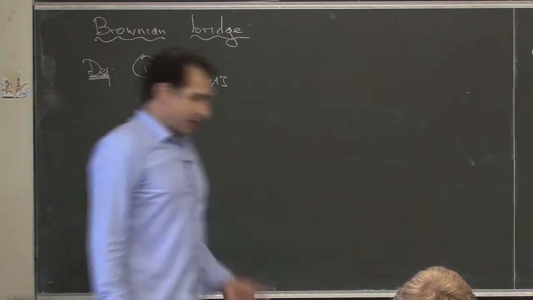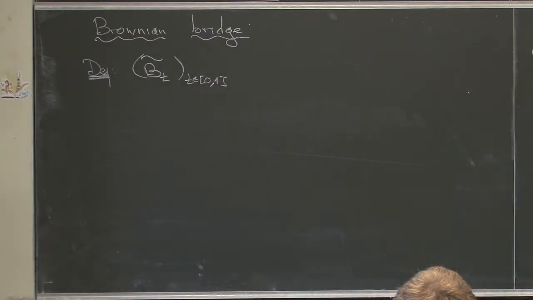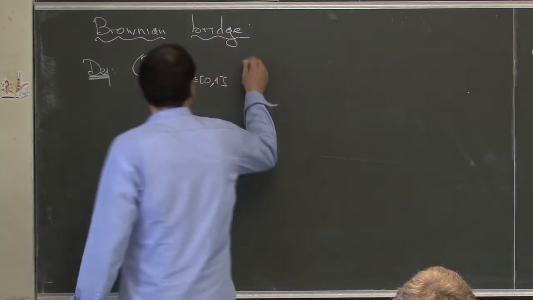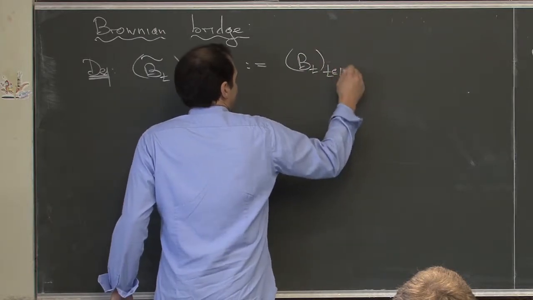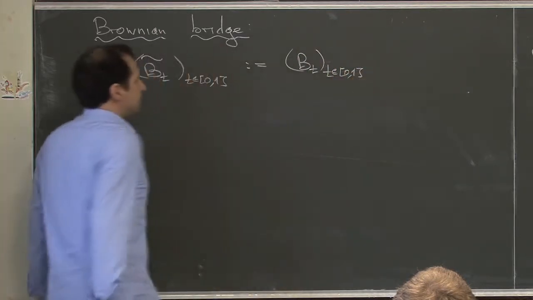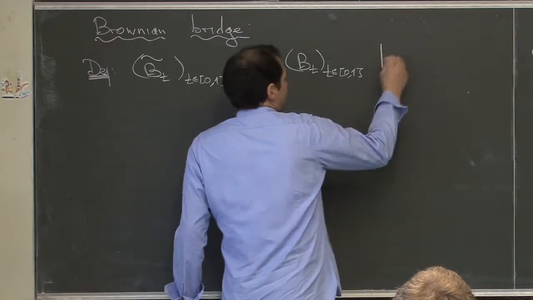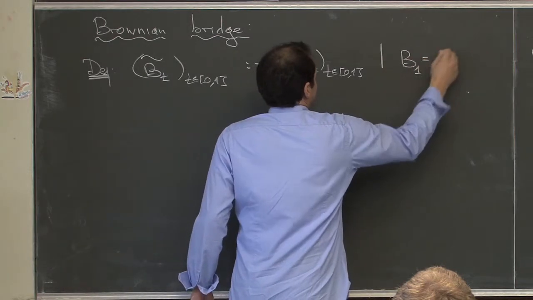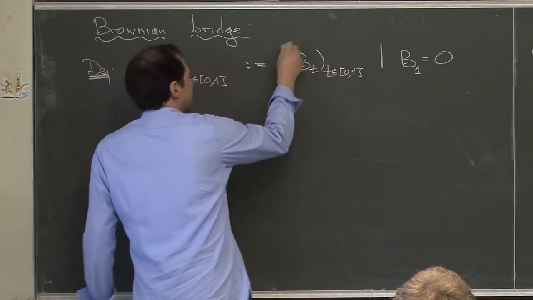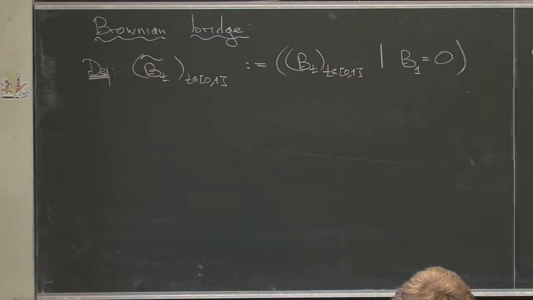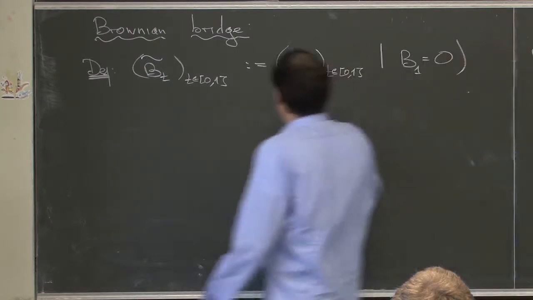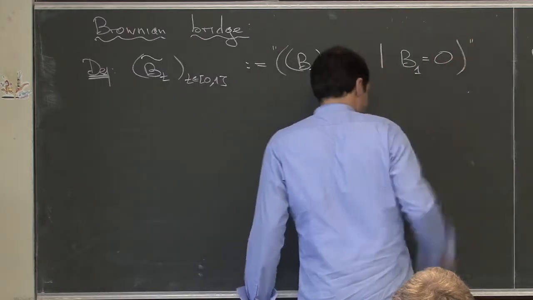This is the process that I'm going to call the Brownian bridge, and I'm going to define it as follows. This is just B_t conditioned on the event that it vanishes at 1. And this is not a very good definition. It is very intuitive, but not very good.